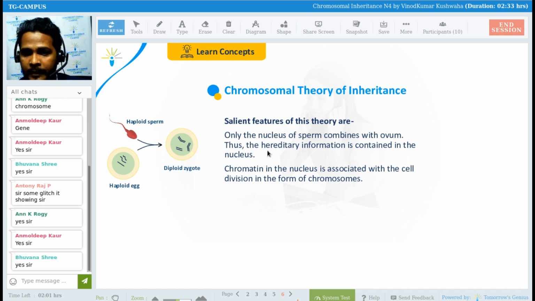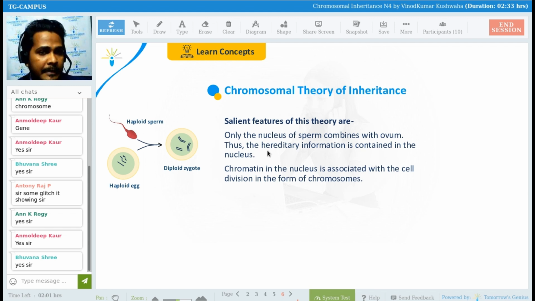Okay, great. So what are the salient features of chromosomal theory? Very first, the gametes. We have already studied gametes in our previous chapter on sexual reproduction in human beings.